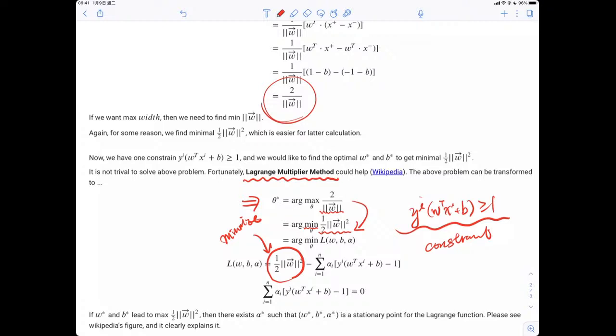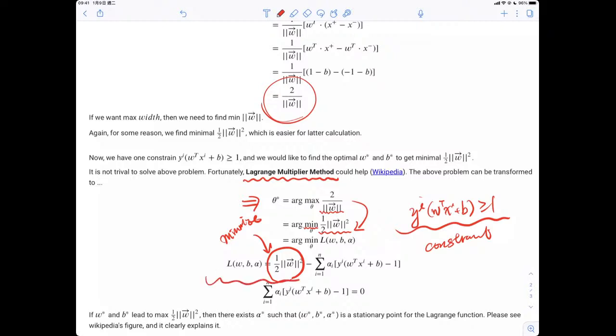You can go to Wikipedia. The above problem can be transferred to the one below. Wikipedia has a very clear explanation of how Lagrange handles such optimization problems with constraints.